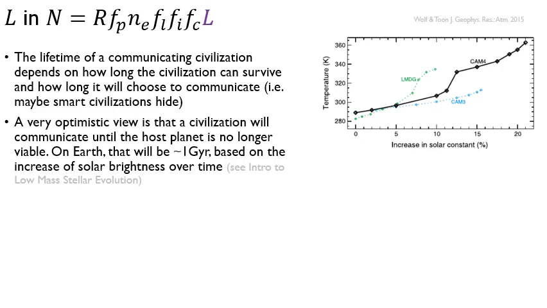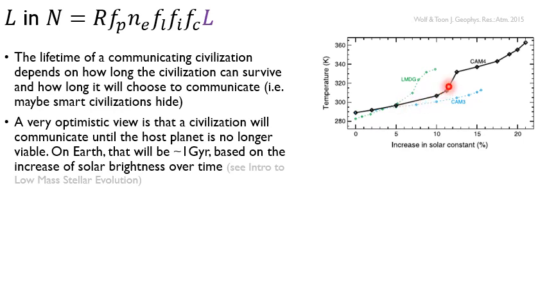If we want to take the most optimistic view, in my opinion, of how long a communicating civilization could communicate for, it would basically be the viable lifetime, the viable habitability of that planet. So on Earth, intelligent life is around basically like now, and we know that within about 1 billion years, because of the steady increase of the temperature of the sun, the temperature on our planet is going to rise.